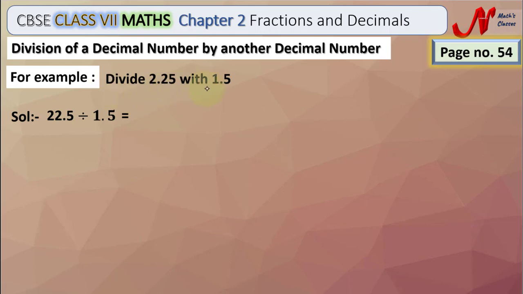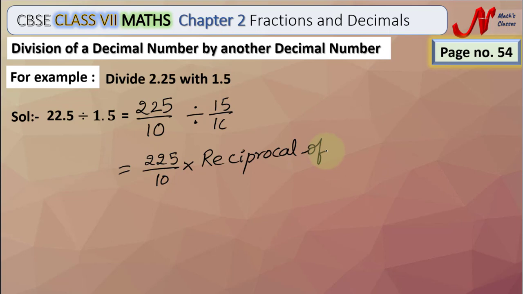Divide 22.5 by 1.5. So 22.5 can be written as 225 by 10, divided by 1.5, which can be written as 15 by 10. This can be written as 225 by 10 into the reciprocal of 15 by 10, which can be written as 225 by 10 into 10 by 15.